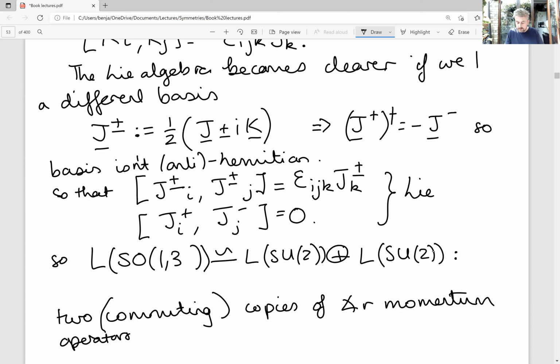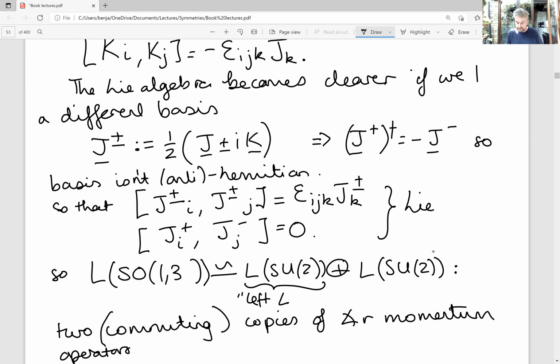Now, what I'm going to call this first one, I'm going to call the left SU(2), or the left Lie algebra of SU(2). Actually, let's say this is the left SU(2), and this is the right SU(2).